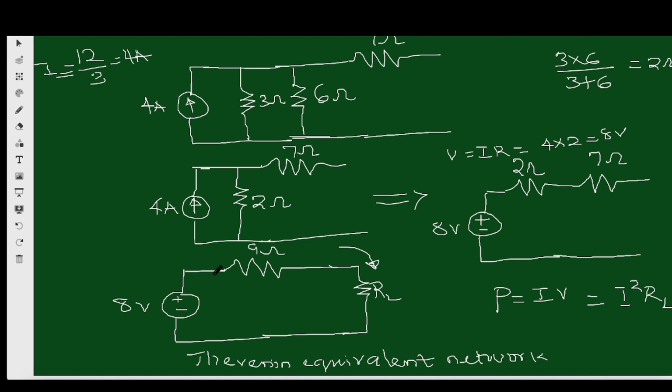That is, the current going through this single loop is what? V over R, the total resistance. So if we are to convert the circuit to a Norton equivalent circuit, what do we have? The Thevenin equivalent circuit is this.